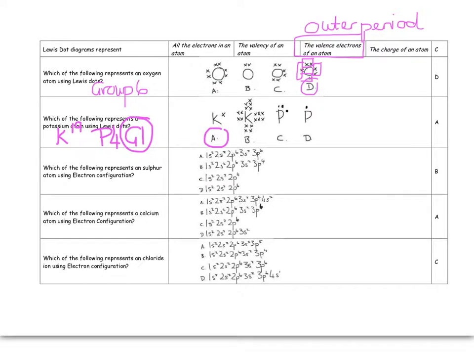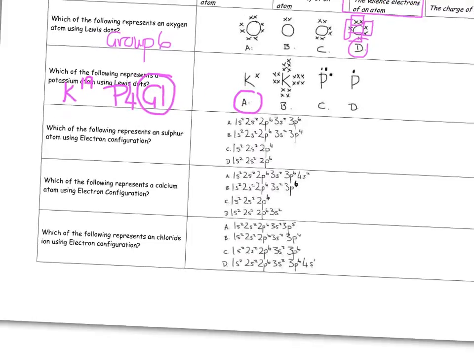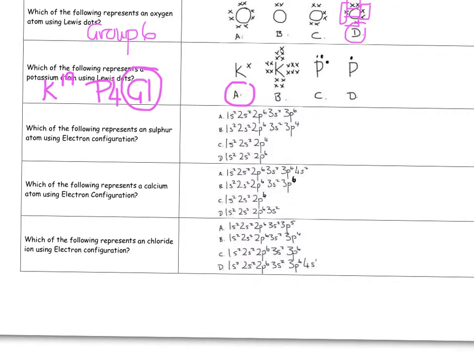Which of the following represents a sulfur atom using electron configuration? Now, where is sulfur on the periodic table? You need to look at a periodic table, and you need to see that sulfur is in group 6 in period 3. So I'm looking for something that ends in period 3. So it's one of those two over here. And it has 6 valence electrons in total.